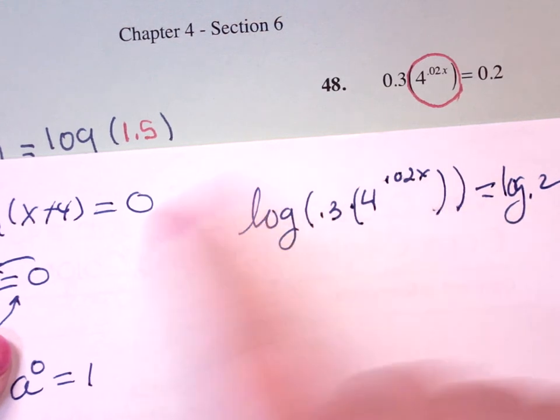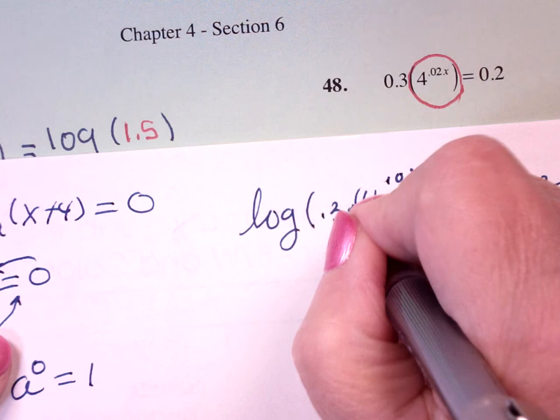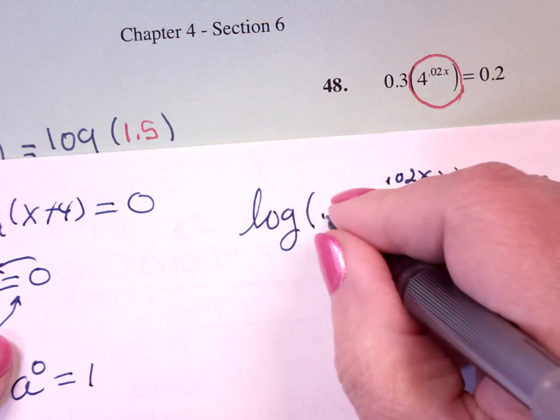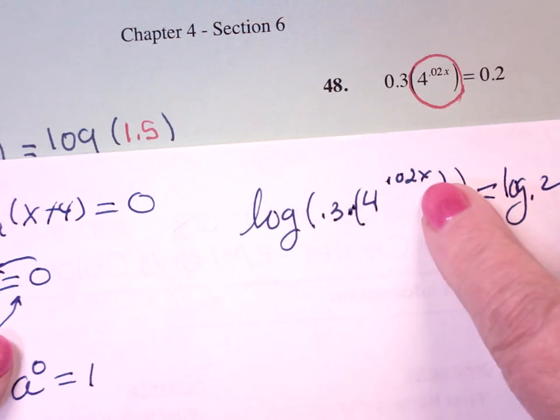I can't bring the exponent down in front because there's a multiplication sitting there. And this 0.3 doesn't have the same exponent as that 4 does, so I can't bring it down in front.